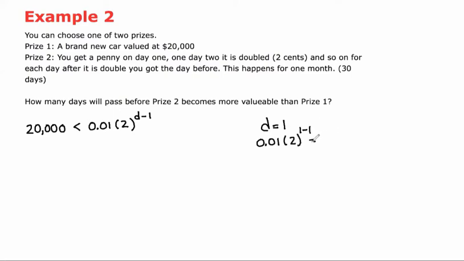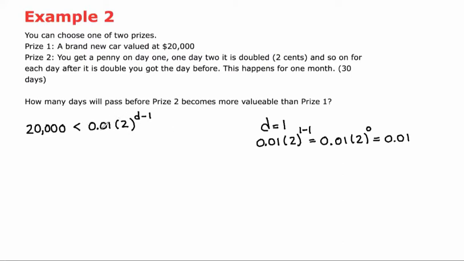And 1 minus 1 is 0, so that's 0.01 times 2 to the 0. 2 to the 0 is 1, and so 0.01 times 1 is just 0.01. That's 1 penny. On the second day, it's doubled, so 2 minus 1 would be 1. So 2 to the 1 is 2, so you'd have 2 cents, and so on and so forth.